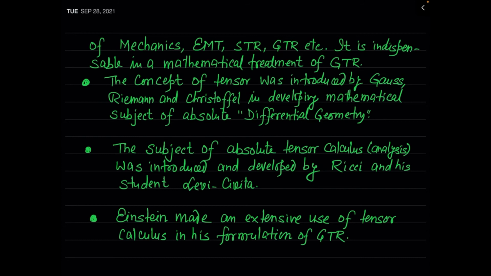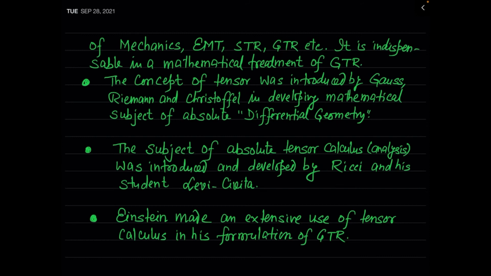They were developing the mathematical subject of absolute differential geometry, but in the course of that development the concept of tensor came into the picture. So you can say this concept was introduced in mathematics just by chance.